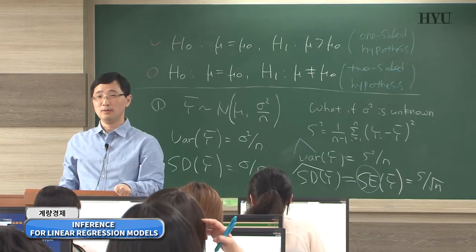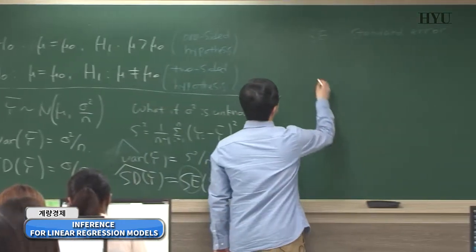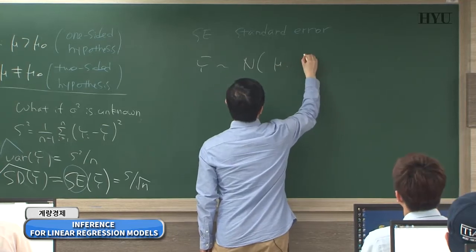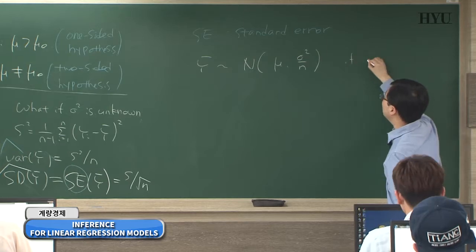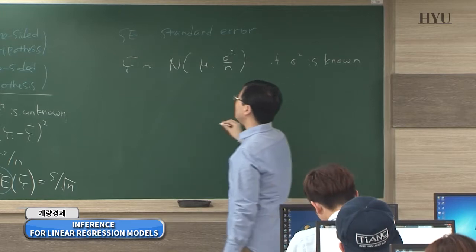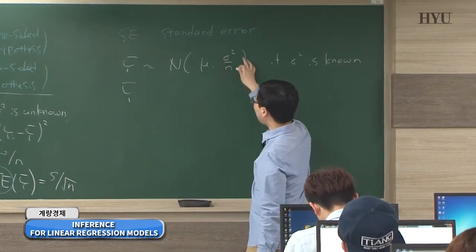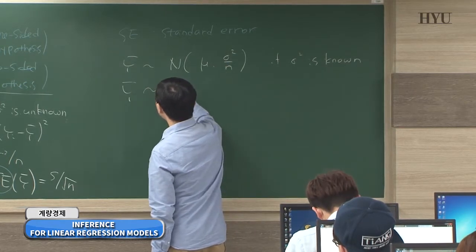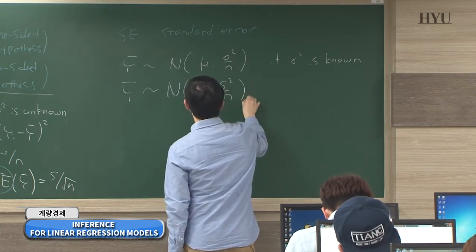If sigma squared, the population variance, is known, then you can use this distribution, right? If sigma squared is known. If it is not known, then at least we can estimate this part of the normal distribution, and hopefully, as the sample size grows, this approximation becomes more and more accurate.